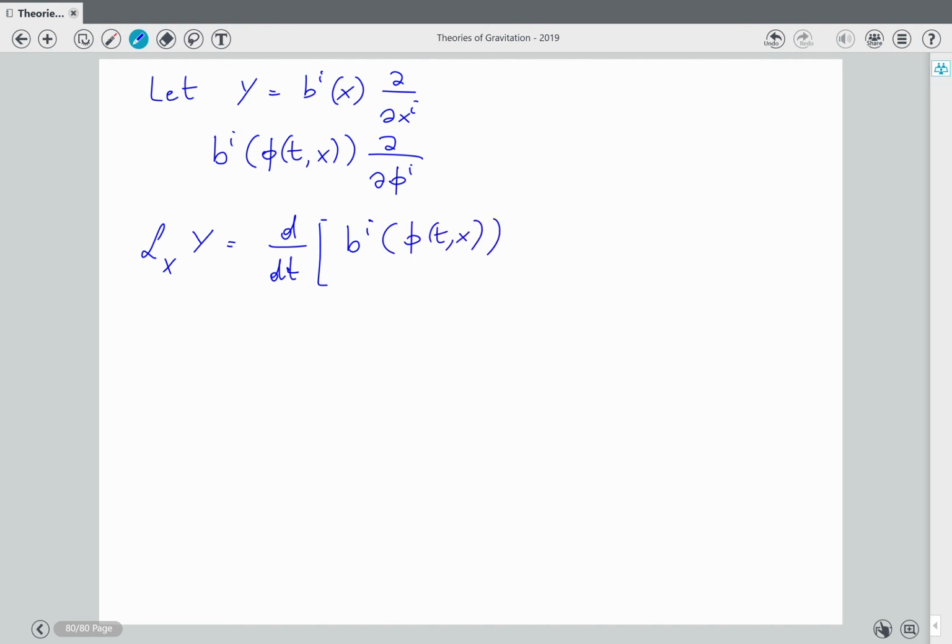Now, the derivative with respect to phi_i can be written as the derivative with respect to x_j times the derivative of x_j with respect to phi_i. And everything here is computed not in x but in phi of t and x. So we have to compute this object.